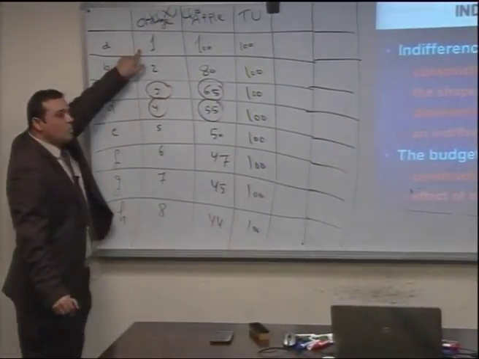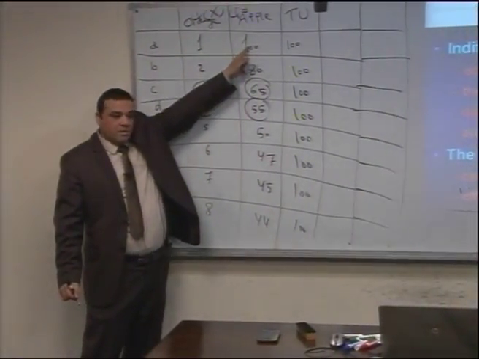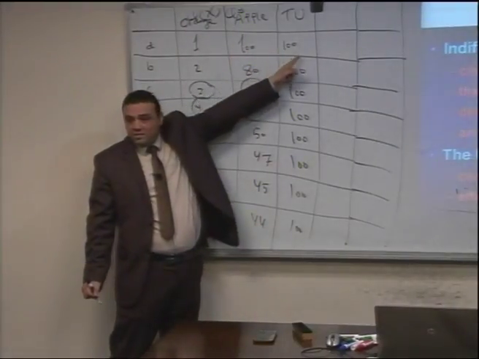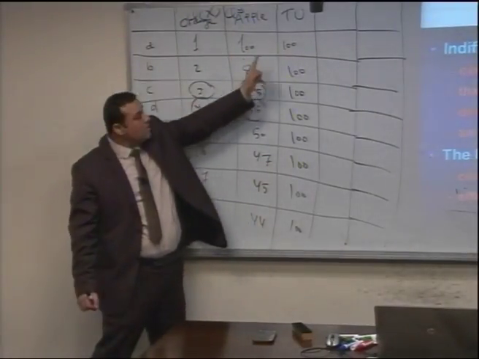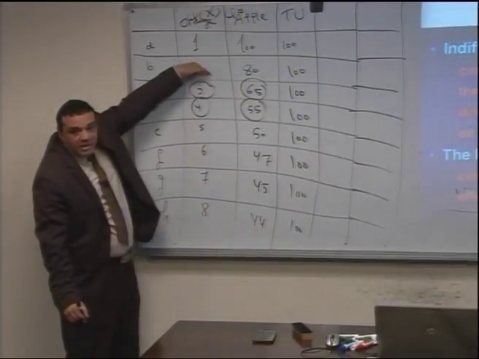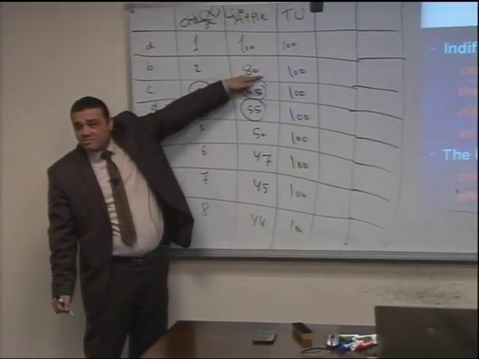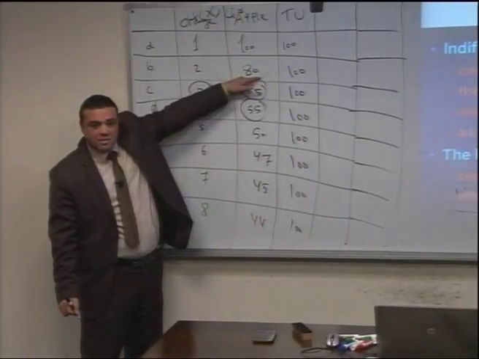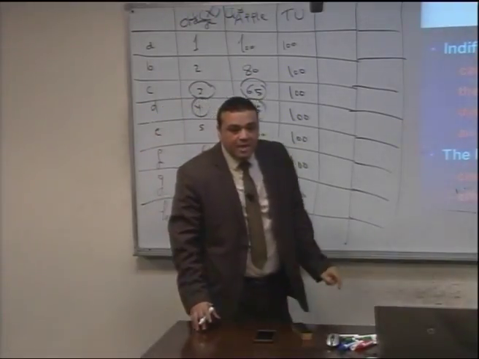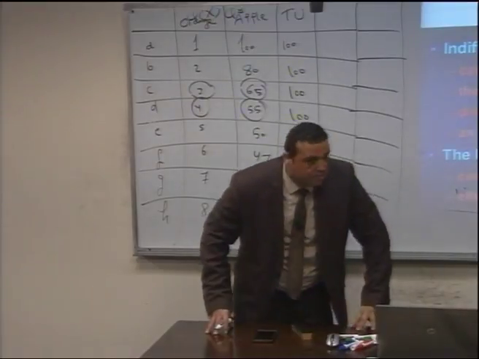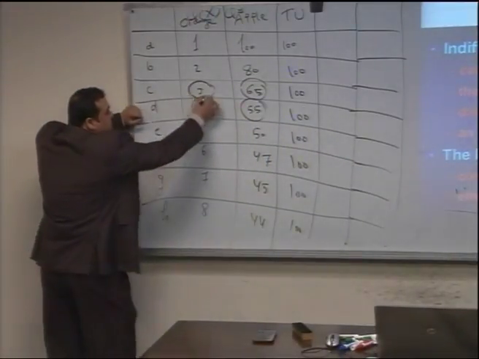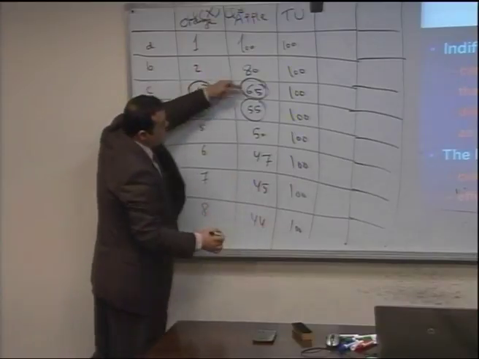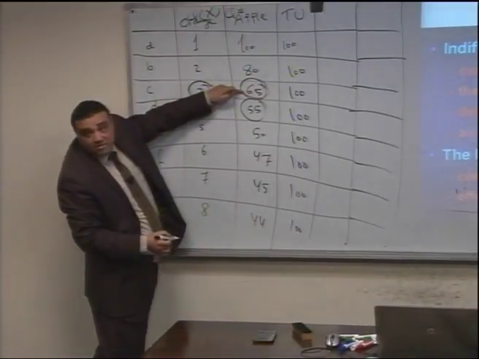When he consumes 1 and 100, this group gives him 100 utils. Adding 1 more unit, he sacrificed how many units? 20. It's called the marginal rate of substitution. Adding 1 more unit, he sacrificed 15.